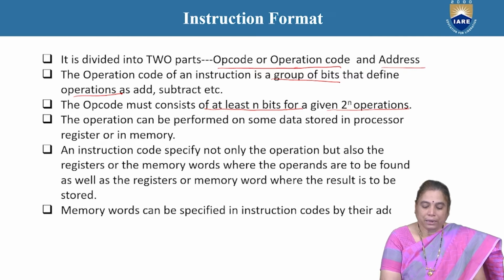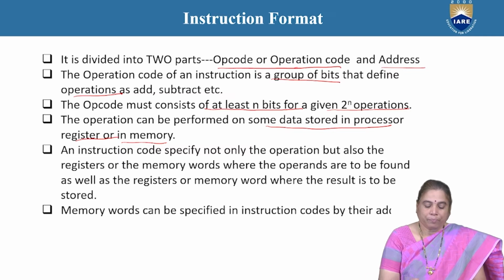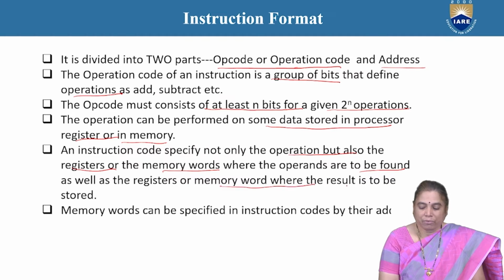The operation can be performed on some data stored in the processor register or in memory. So here the operands can be fetched from the memory or from processor registers. An instruction code specifies not only the operation but also the registers or the memory words where these operands are to be found, as well as the registers or memory words where the results are to be stored.